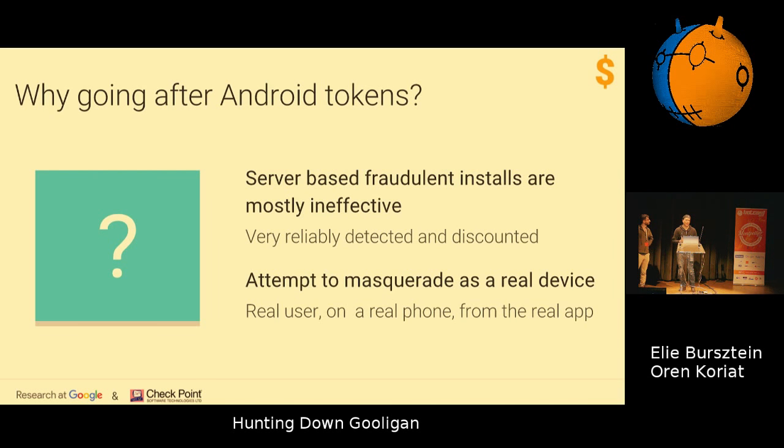Their plan is now to attempt to masquerade as a real user. The easiest way for them to do that is to be on a real phone with real user data on a real app. So their plan was to trigger the install from the Play Store, appearing to come from the real app on the Play Store, from the device. That's why we believe they were going after the Android token.